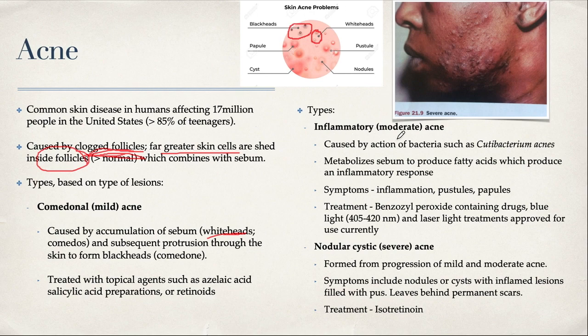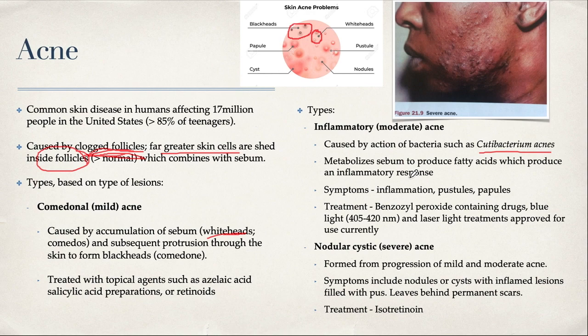Then you have the inflammatory acne, which is moderate, and is caused by the action of bacteria such as Cutibacterium acnes. What it does is it metabolizes this sebum that accumulates within the acne, and then it produces fatty acids, which then results in an inflammatory response.